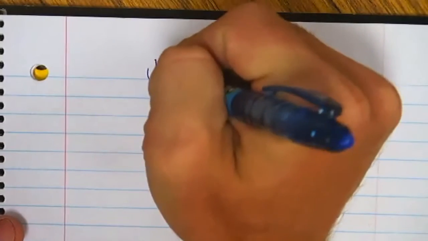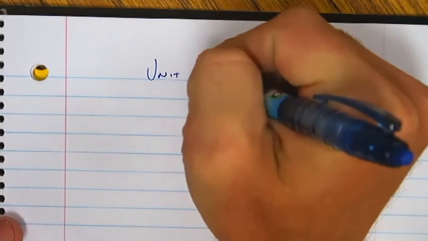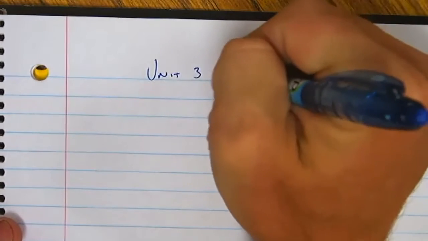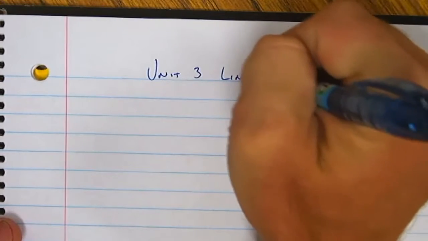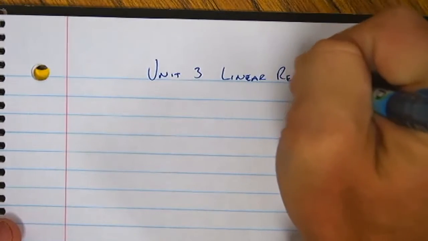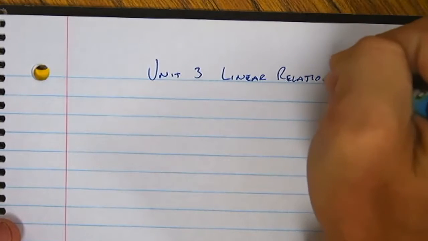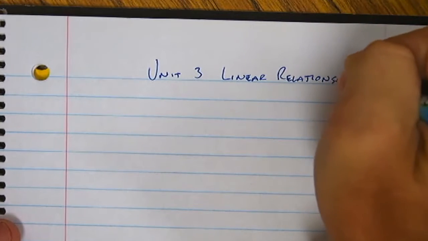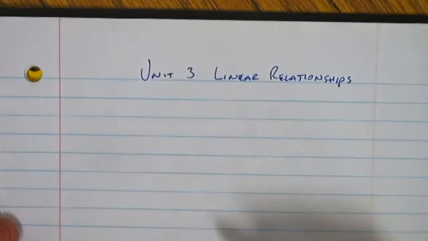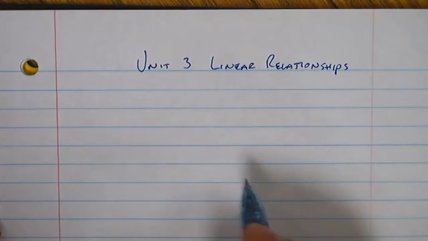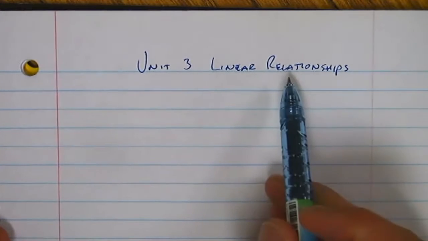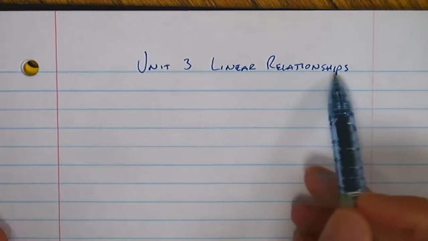So today, we're going to start with Unit 3. And Unit 3 is linear relationships. Okay, so with linear relationships, we're talking about how the variables relate to one another.